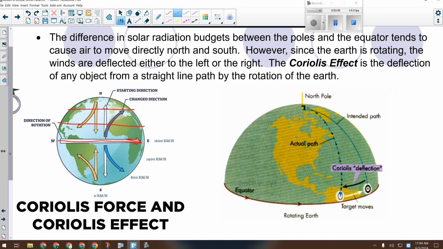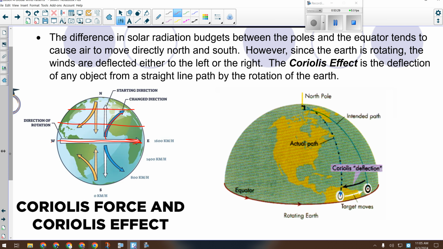Someone at the equator goes further in the same amount of time, so they're going faster. That's why the deflection is greater near the equator. You're going faster. The effect of that rotation is greater at the equator. You're moving underneath the atmosphere at 1,600 kilometers per hour. Okay?